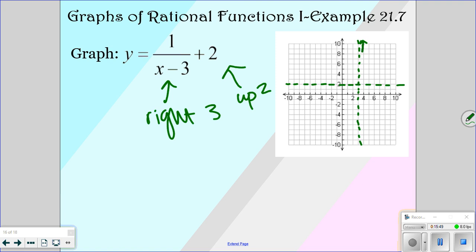And so it's going to do like that and like that. And so that would be the graph of that function. Okay? So that's how you can use the parent function of 1 over x to help you graph this without having to plug in a bunch of numbers. It just makes it a little bit quicker for you whenever you go to graph it.